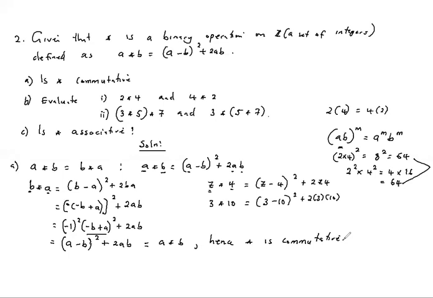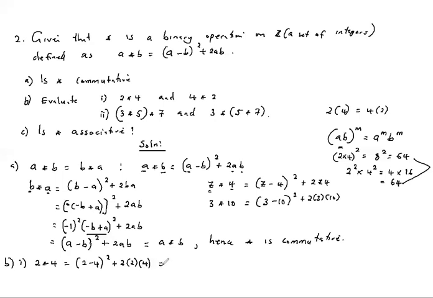Is it okay? Yes. Okay. So let's go to the second one, B. Let's find 2 star 4. So how do we substitute? 2 minus 4 squared plus 2 times 2 and 4.